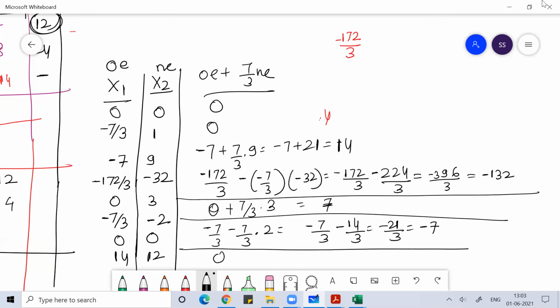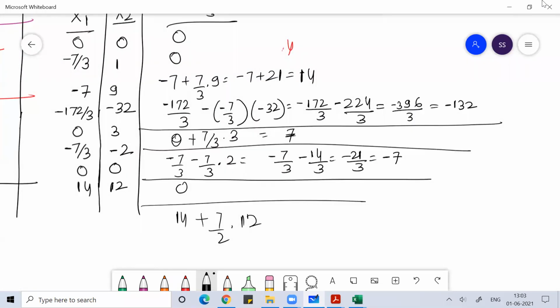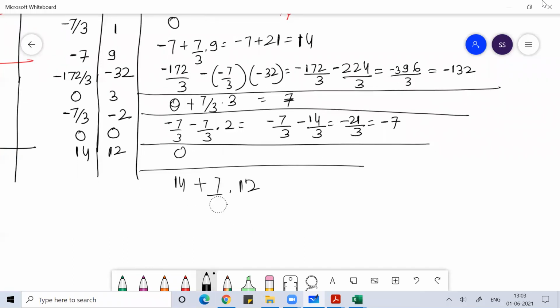Then this is 0 only. And 14 plus 7 by 3 into 12, 7 by 3 into 2.